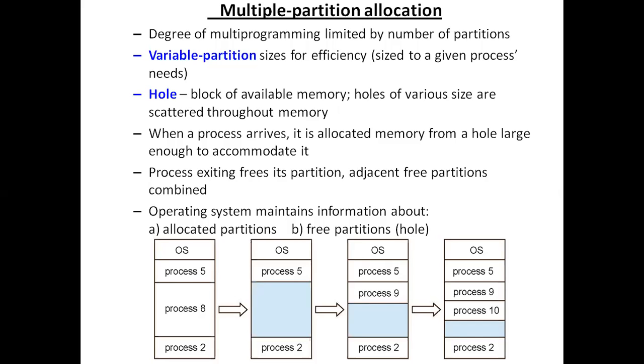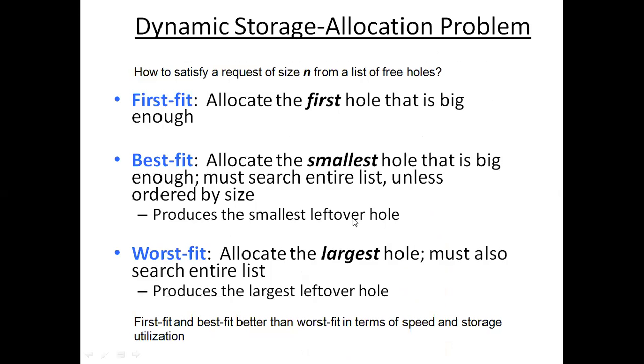The entire memory is divided into variable or fixed partition sizes, which can be used by the incoming process, and it can occupy that particular hole that is freely available. Okay, so the operating system maintains information about allocated partitions, what memory is allocated, and what free partitions are available.